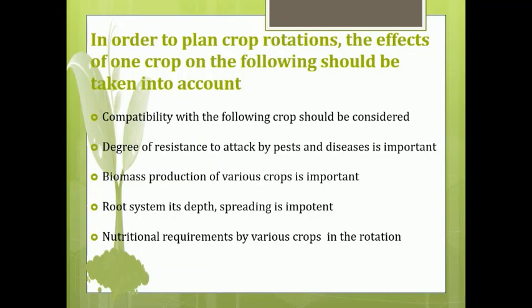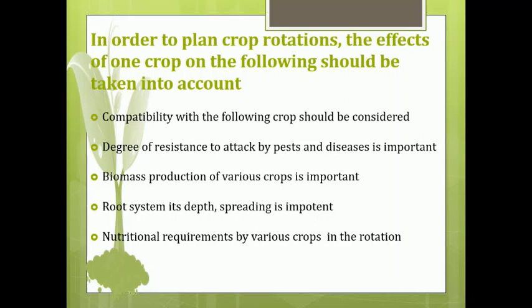Nutritional requirements of various crops are again important to be considered. Incorporating a nitrogen fixing crop or a legume is very important in this regard. Nitrogen fixing crops enhance nitrogen fertilizer or nutrition in the soil, and that can be utilized for the following crops.